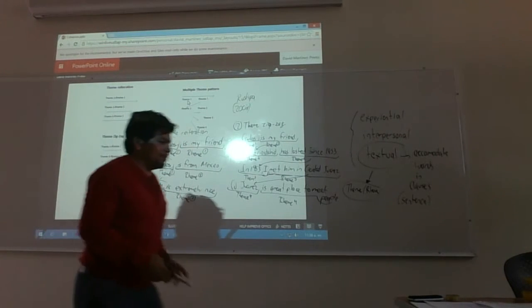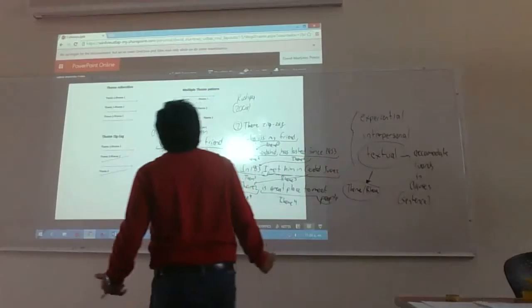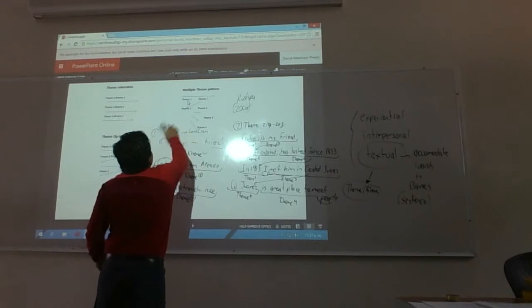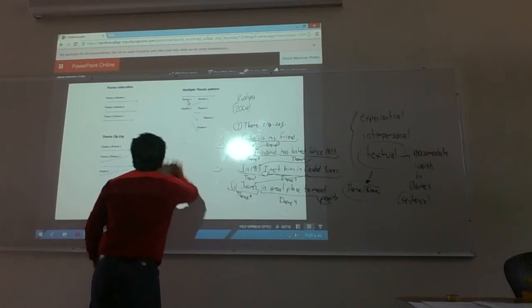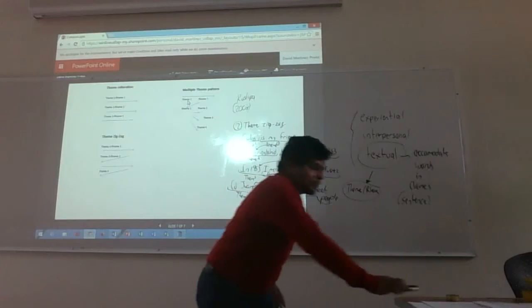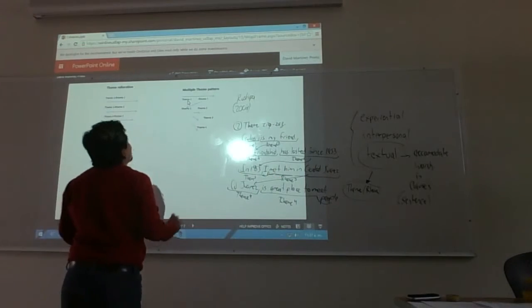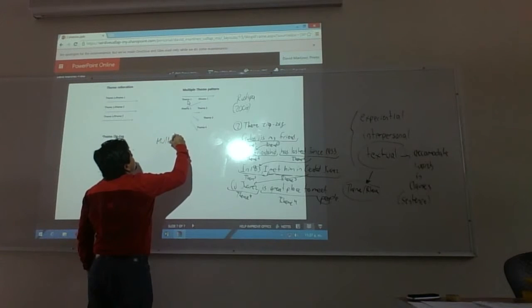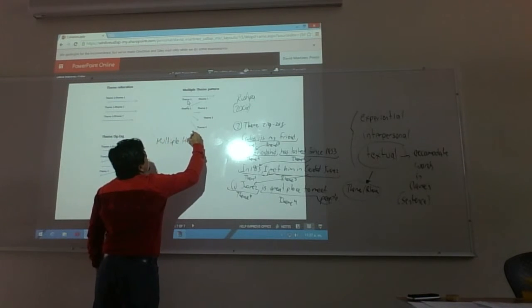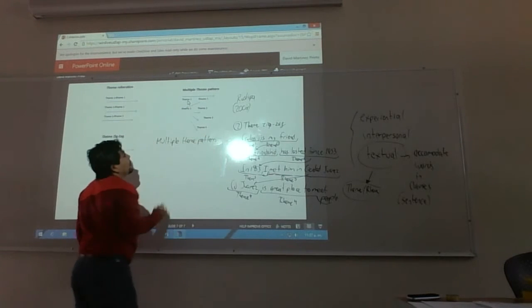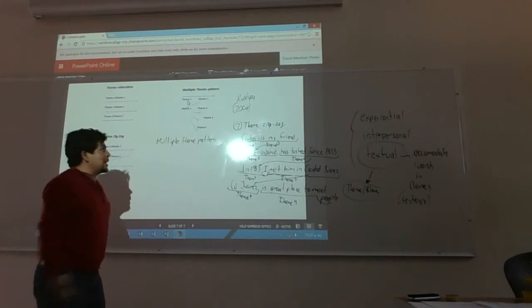Finally, there is another pattern that I would like you to see today, which is called the multiple theme pattern. In the multiple theme pattern, we have a theme and a rheme, so let's continue with Carlos.